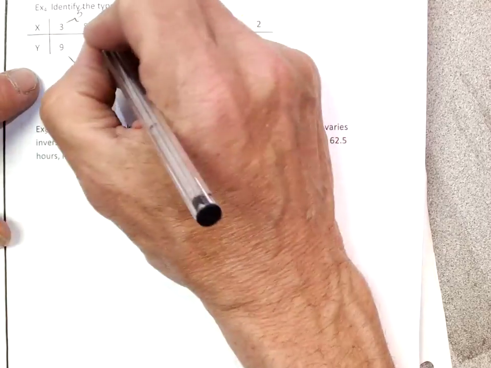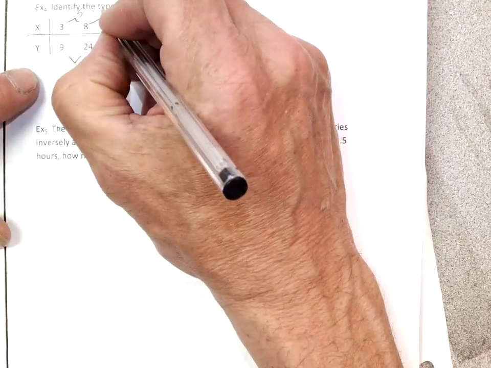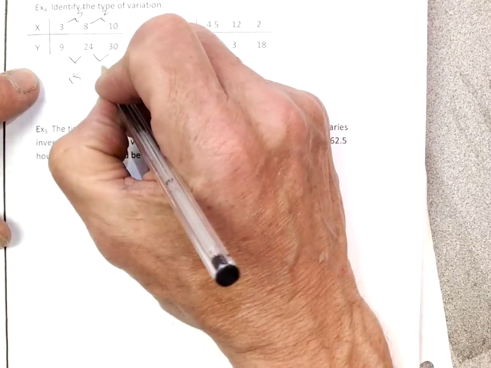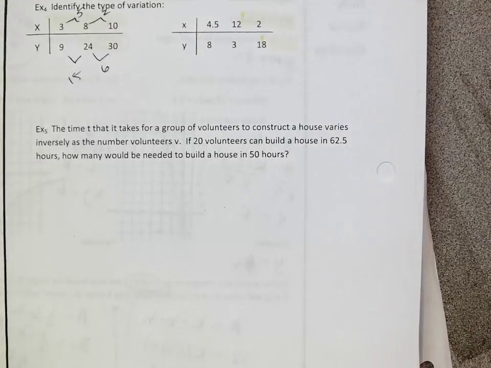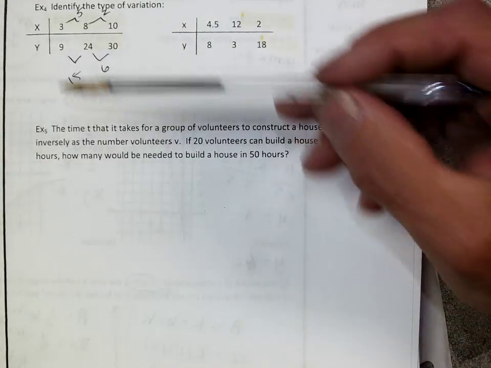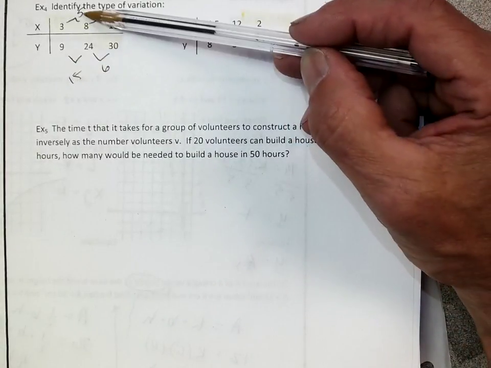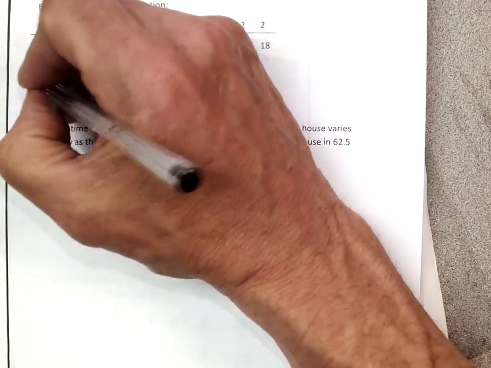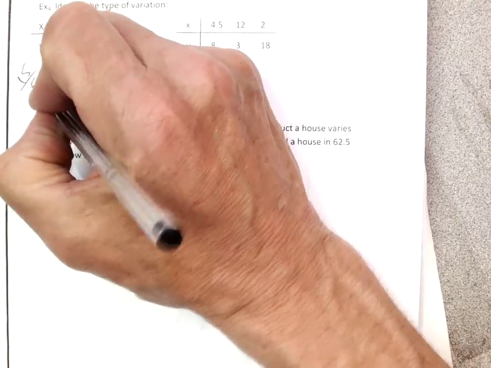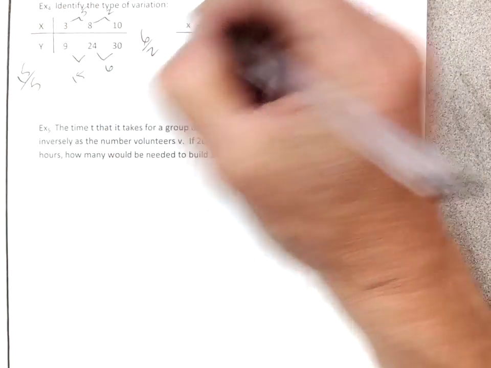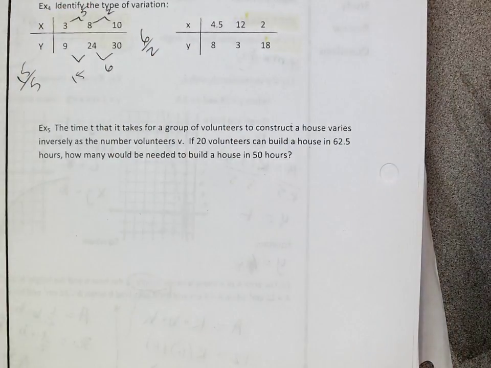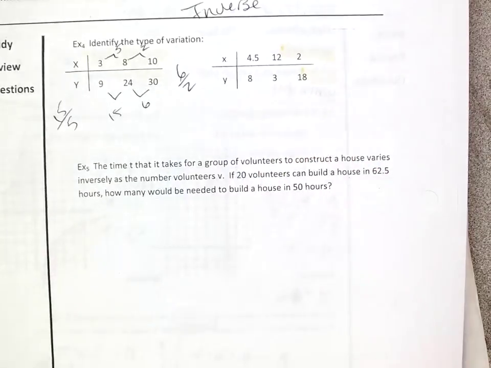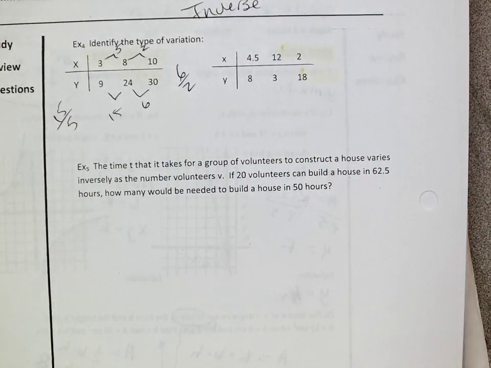It went up by 2 when it went up by 6. So remember slope? If it goes up 15 over 5 or up 6 over 2, what's the slope of this thing? 3. So I think this thing's got to be direct variation.